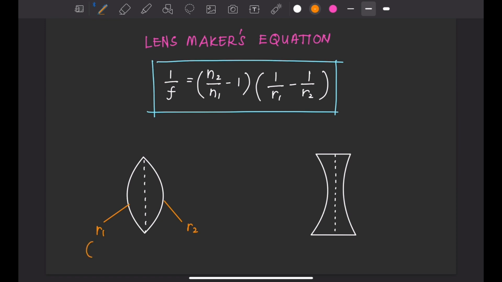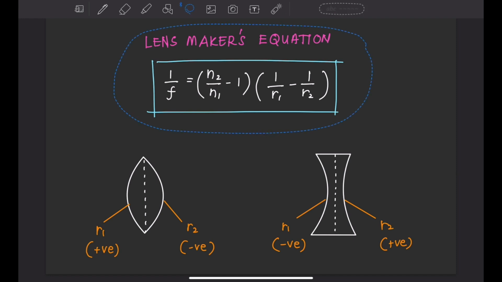And for convex lens, the r1 is positive value and then r2 is negative. Meanwhile, for concave lens, we have r1 on the left and r2 on the right, and r1 is negative value and then positive for r2.